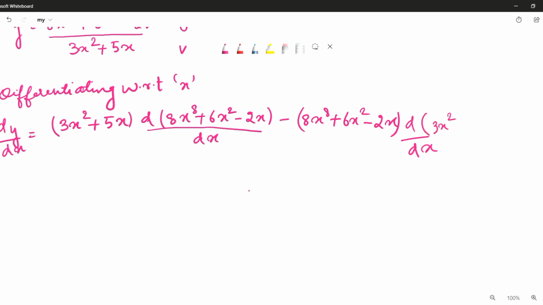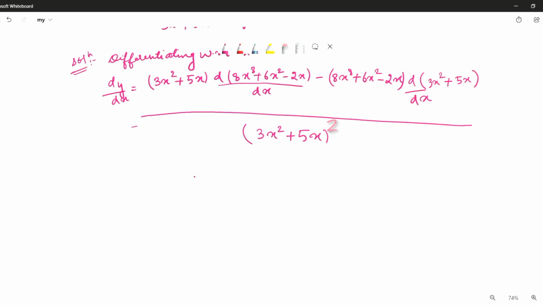V is our 3x square plus 5x, whole divided by v square. V square is 3x square plus 5x whole square.